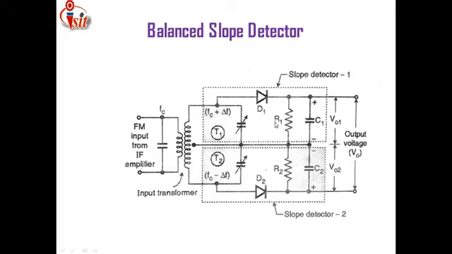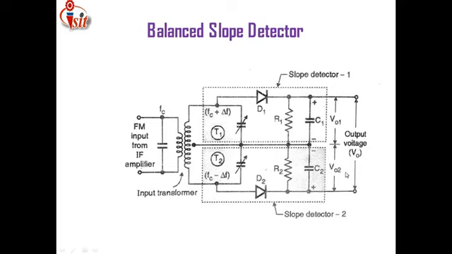The outputs from these two circuits are output voltage V1 and output voltage V2. From slope detector 1 we get output voltage V1 and from slope detector 2 we get output voltage V2. By comparing these two voltages we get the desired output voltage, which is output voltage equal to V01 minus V02.